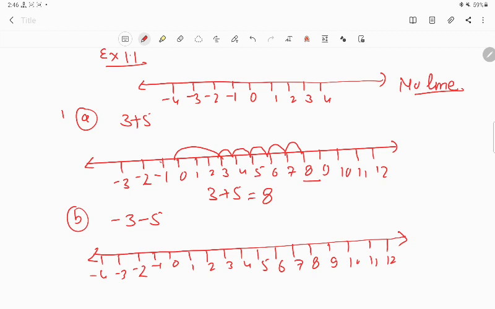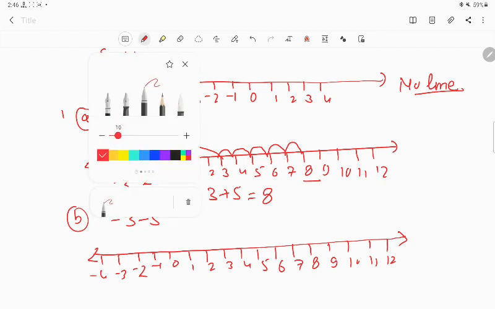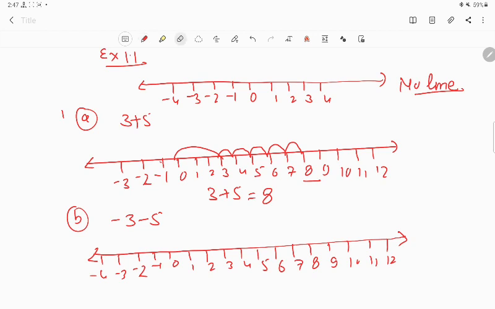First, draw another number line because there are more negatives here. So increase the number line: -4, -5, -6, -7, -8, -9, etc. You represent first -3, then -3 is to the left of 0.